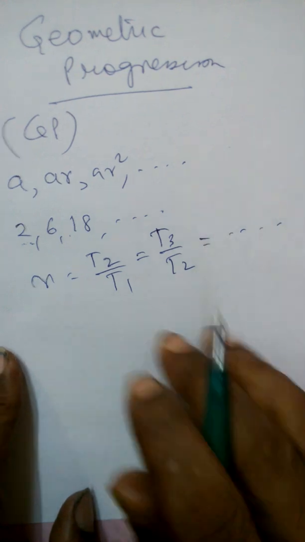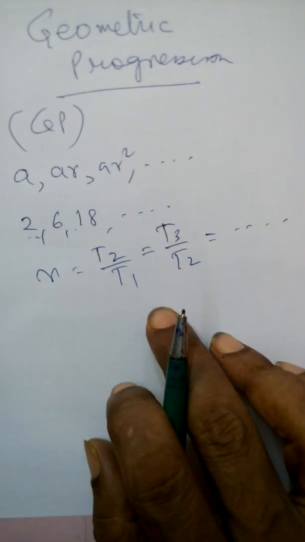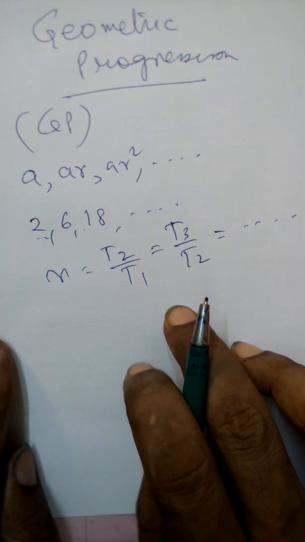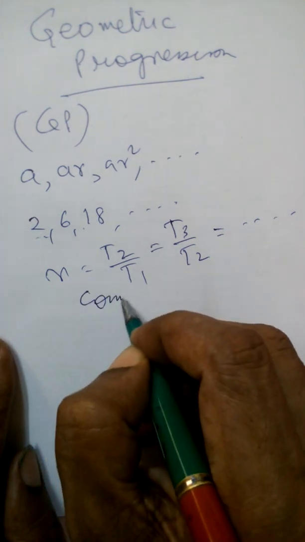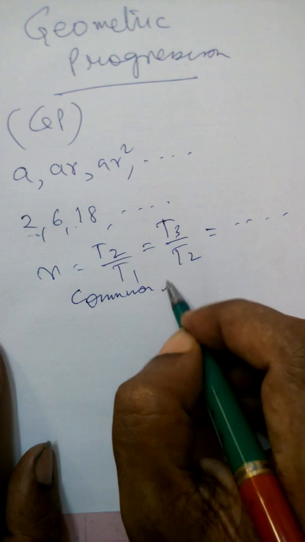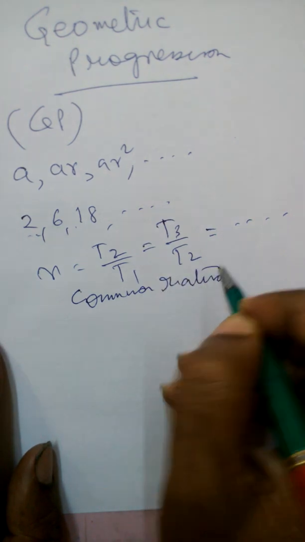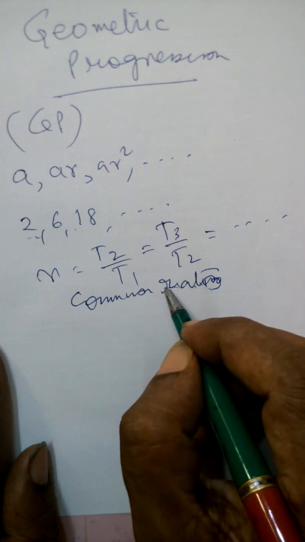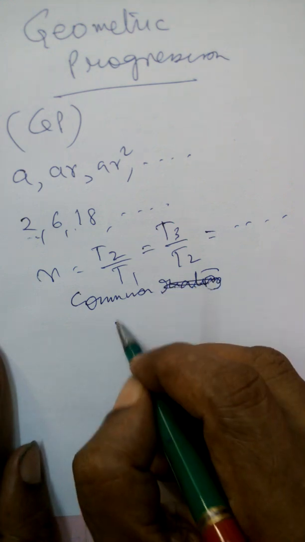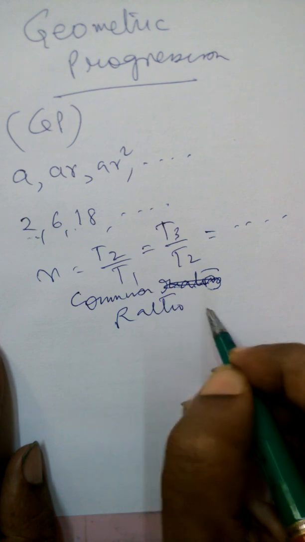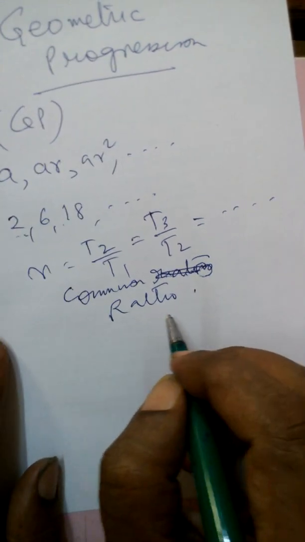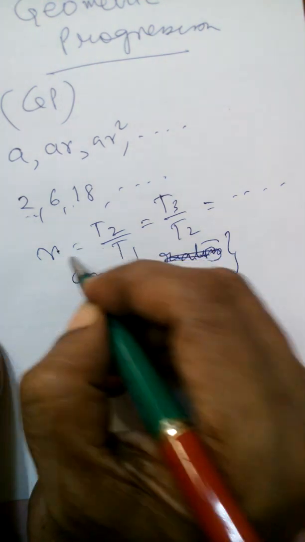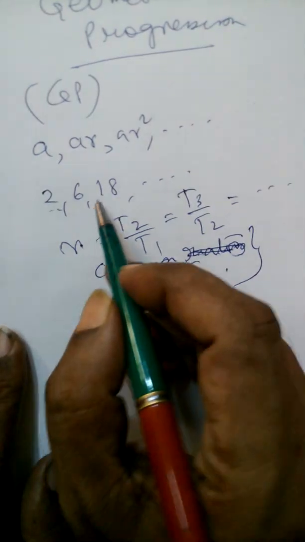So in this way we find that the same ratio comes, and this ratio is called the common ratio. Common because same. So when the same ratio is found, same ratio means common means fixed ratio. When the same ratio is observed, we denote the number by which we are dividing as R. So here it is 3.